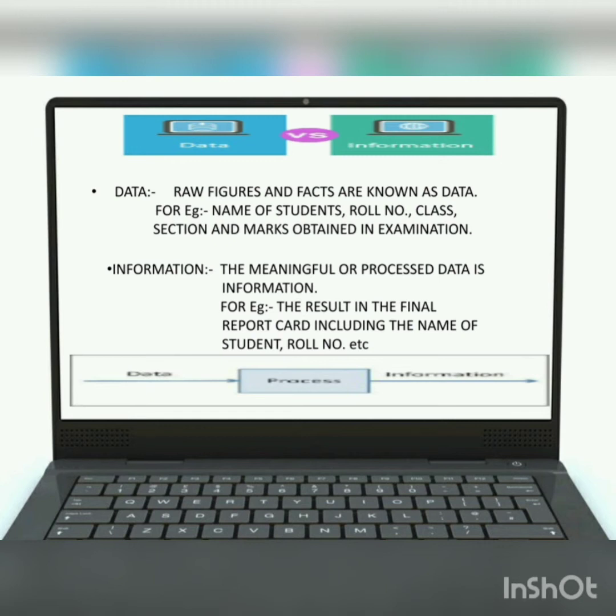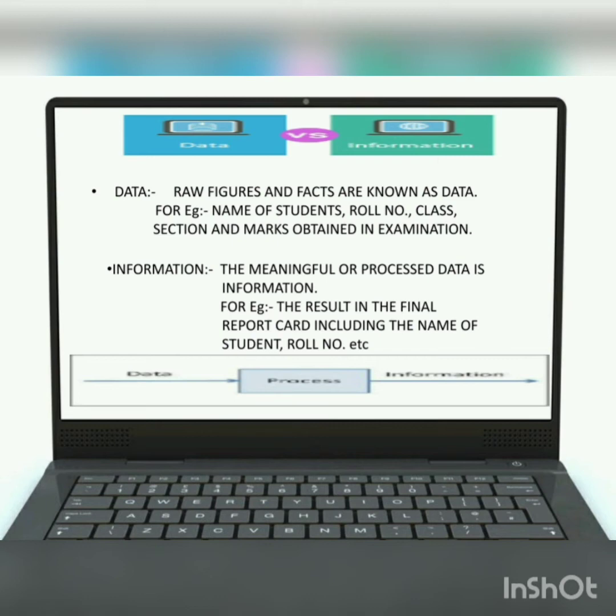For example, when that teacher obtains the final results in the final report card, including the name of the student, roll number, class, section and final marks obtained in the examination, that is information. You can see in the picture also, the data which is processed becomes information. Always remember, I am repeating again, the processed data is called information.